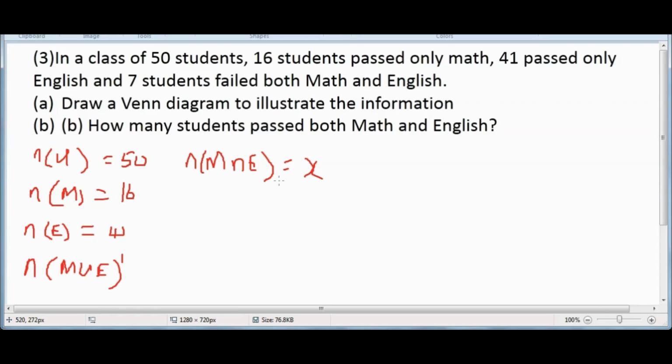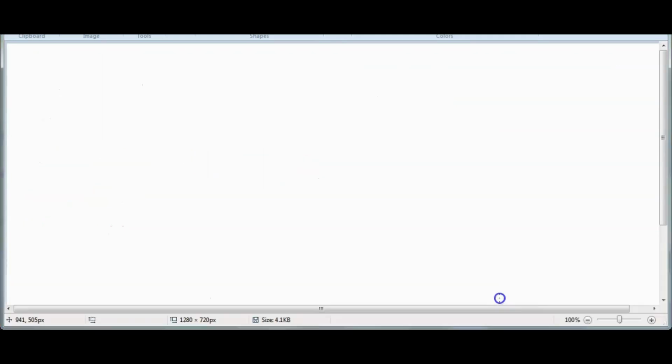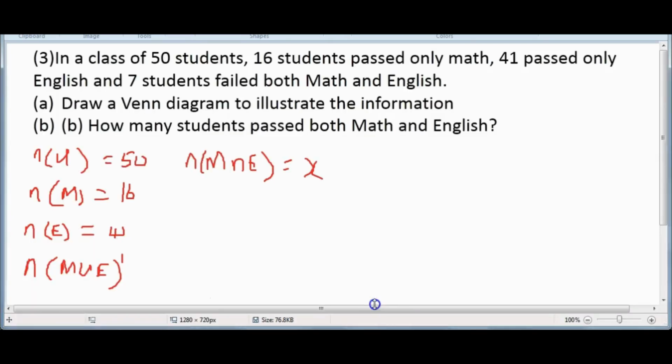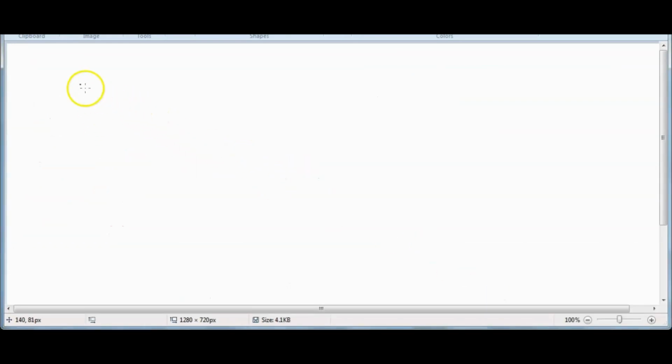First, draw a rectangle to represent the universal set. Can I do it here? Okay. Draw a rectangle to represent the universal set. So I'm gonna draw it, away with the black, in with the red.